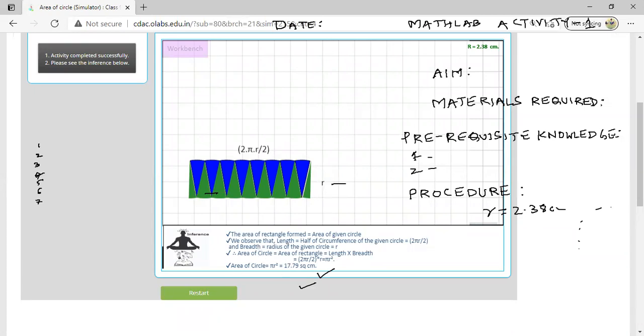Then this observation. Next heading will be observation. In this observation, you will write point number one, area of rectangle, point number two, point number three, points one to three.